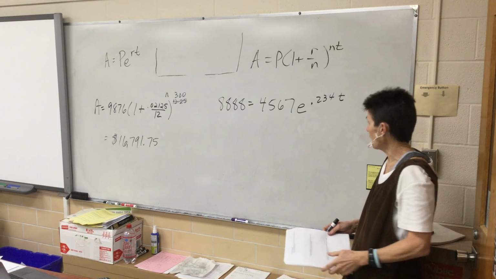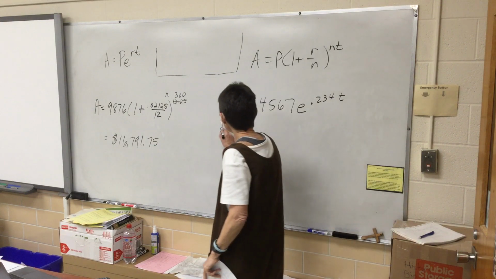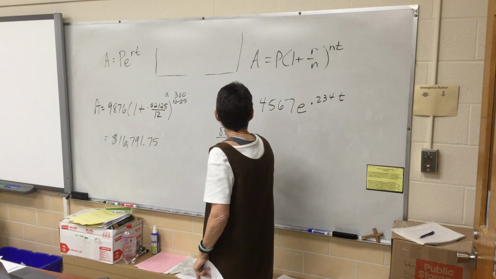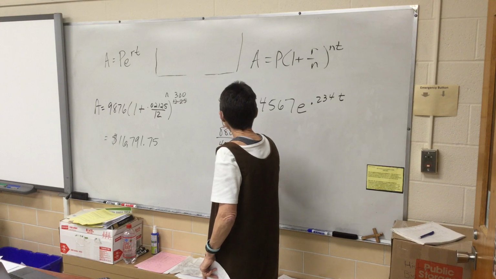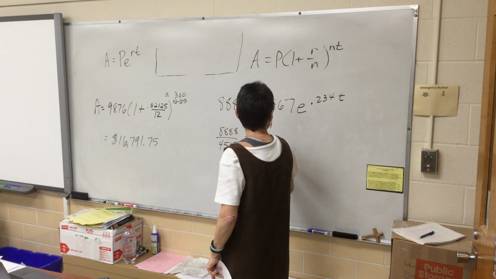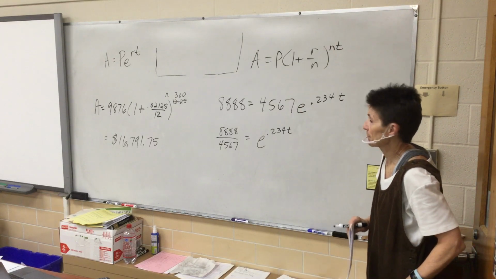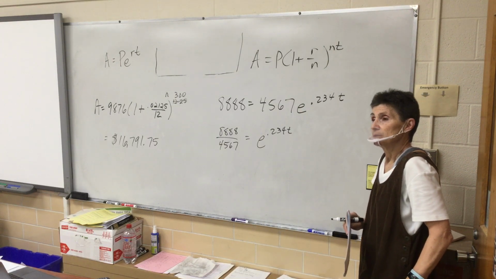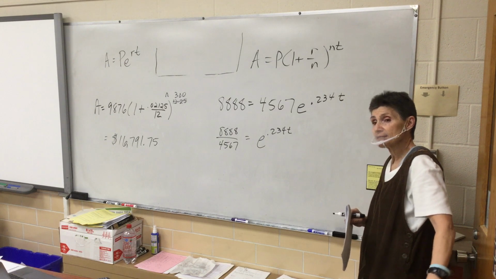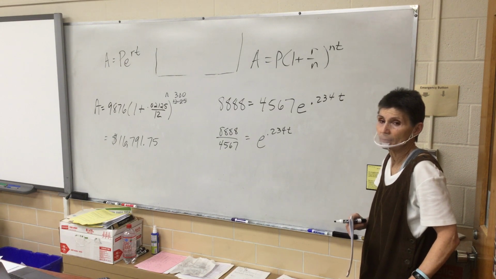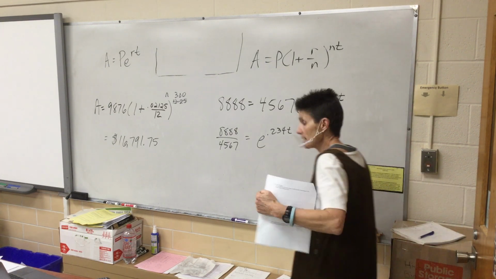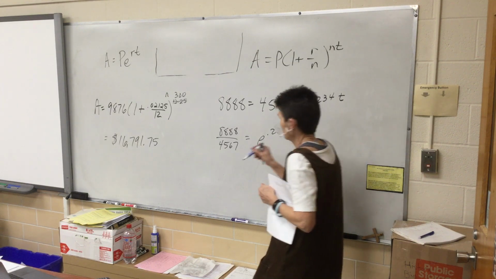Always divide. So I'm going to have 888 over 4, 5, 6, 7. That does not divide, so just leave it be. I know it's uncomfortable. We just got to leave it. Now, since there's an e in the problem, instead of logging, let's use ln.